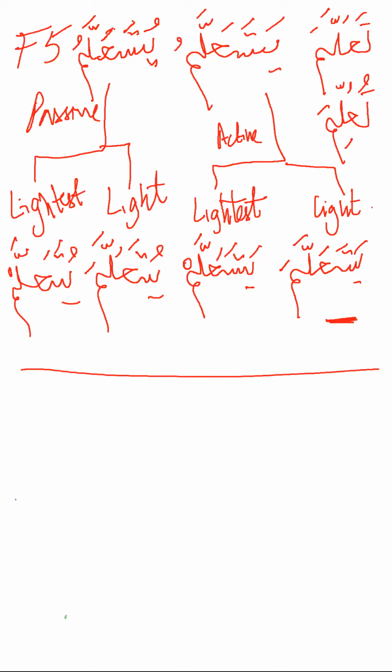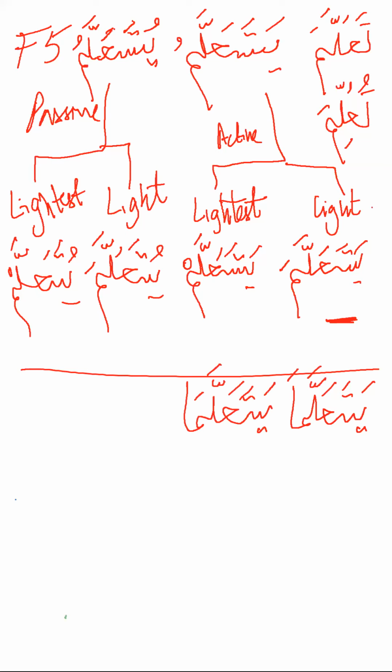I have a question here. There is no difference between the light and lightest in the passive, like yuta'allama, yuta'allama. Yes. For example, let's take yata'allama of the active light, yata'allama of the lightest, then yuta'allama and yuta'allama.